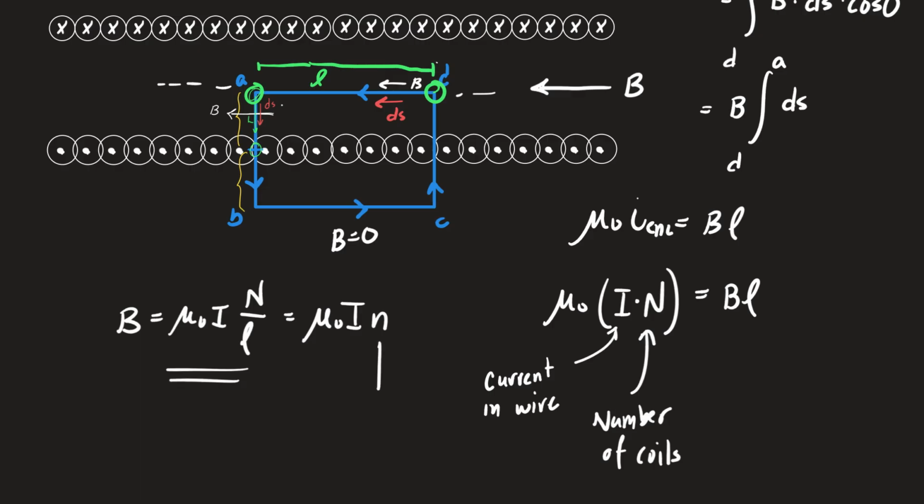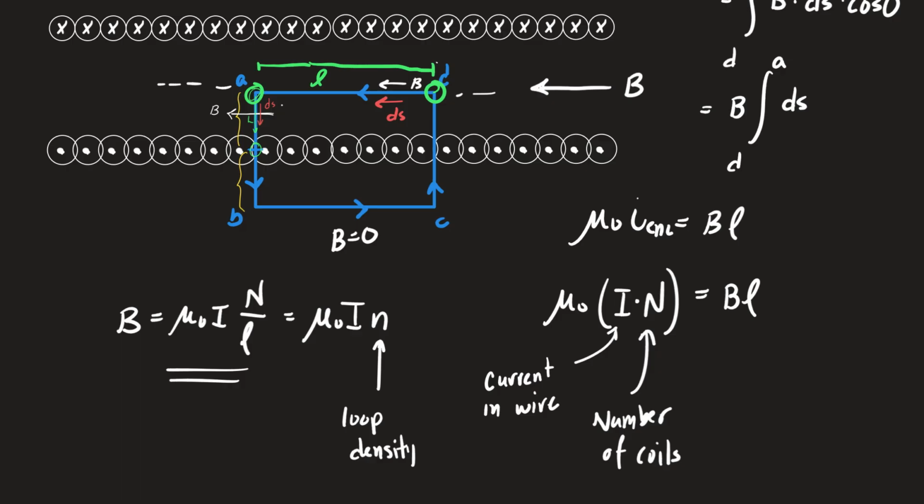This stands for a new character, and I'm going to be frank with you. Different books use different letters here, so don't read too much into this, and don't forget what the meaning is. This lowercase n is called the loop density, the number of loops per meter. So you can either express it directly: I have a solenoid that's 5 centimeters wide and has 100 loops.